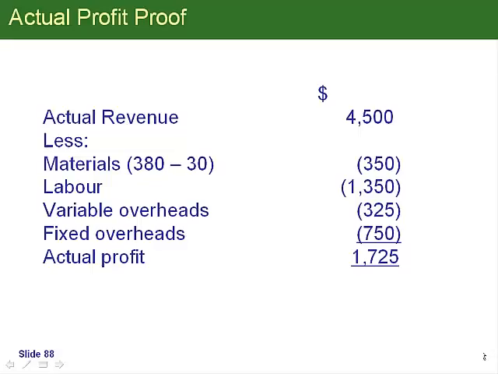Now part B asked us to prove our actual profit. So we just need to do a mini P&L, bringing in our actual sales and all of our actual costs.